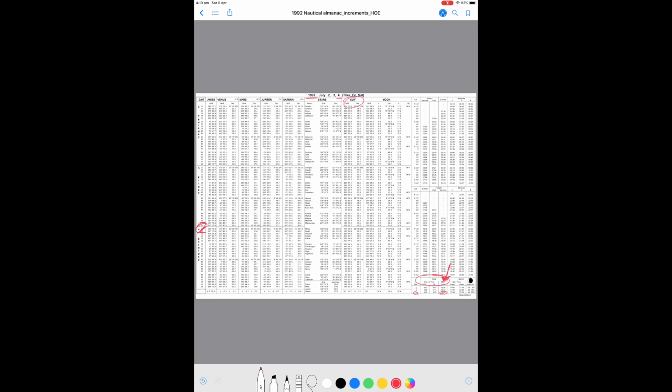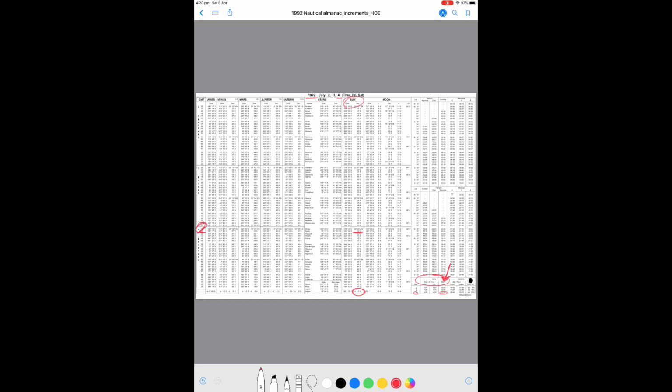You don't need the GHA for this question, so the declination column is here. For 01 hours, you can see the declination is 22 degrees 52.2 minutes north, and you can see that the declination is reducing to the next hour. So the D correction that we'll find for a D value of 0.2 from here at the bottom of the column should be subtracted, because declination is reducing from 01 hours to 02 hours.